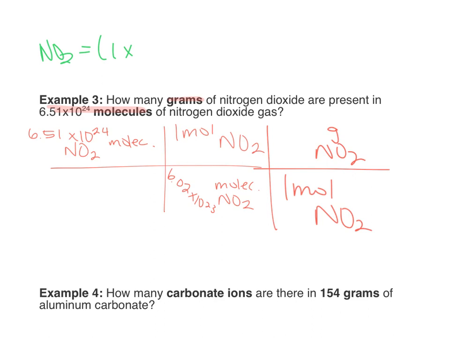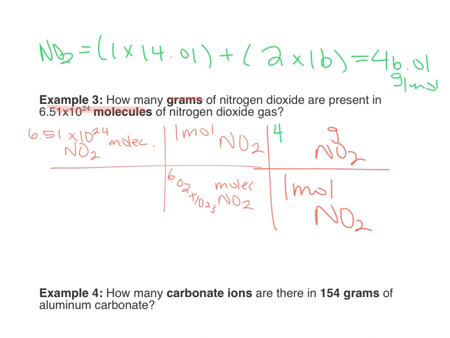It's going to be 1 times nitrogen, 14.01, plus 2 times oxygen, which is 16. If you add those together, you're going to get 46.01 grams per mole. So once we have that, that's going to go in as our molar mass down in our dimensional analysis.